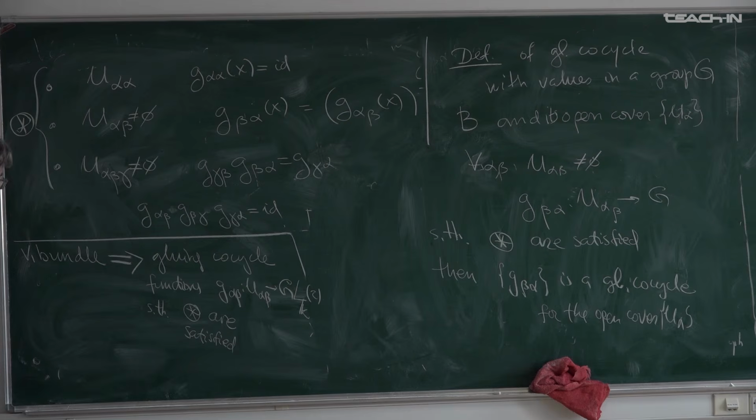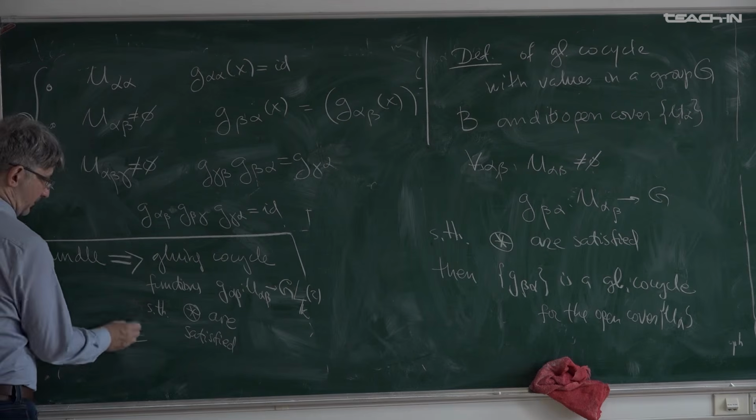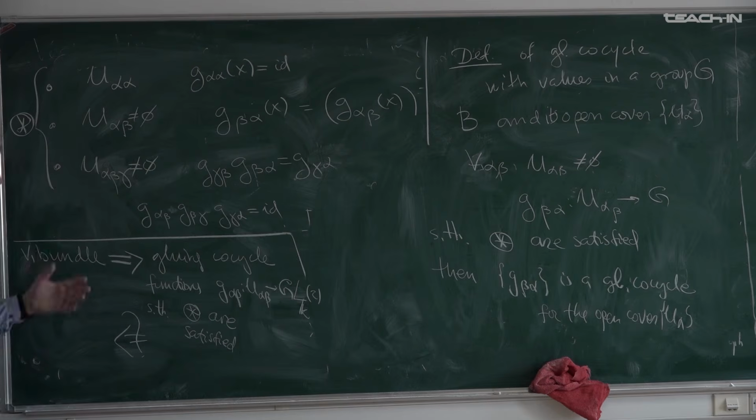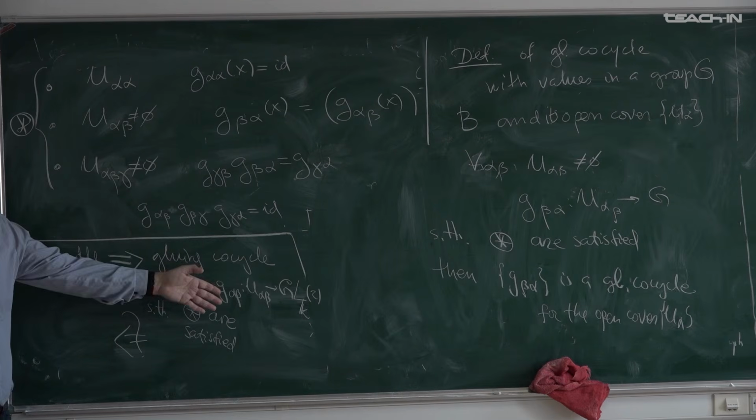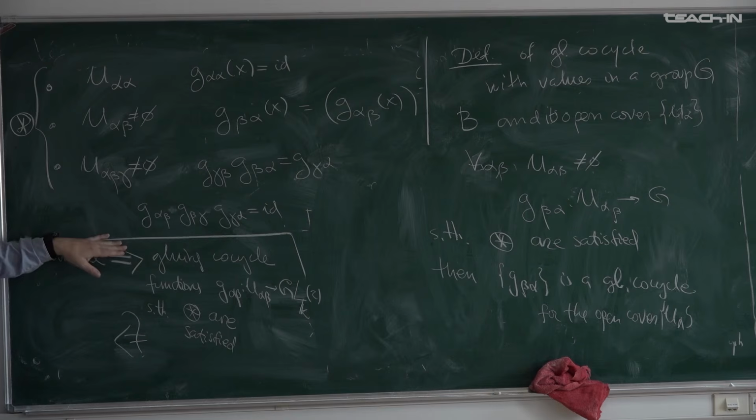Yes, it's possible. In some sense, you can ask the following question. Imagine you had the vector bundle and you constructed the gluing cocycle. Then you forget about the vector bundle. Is it possible to restore the vector bundle? Okay, it's possible. I will describe how to do it.